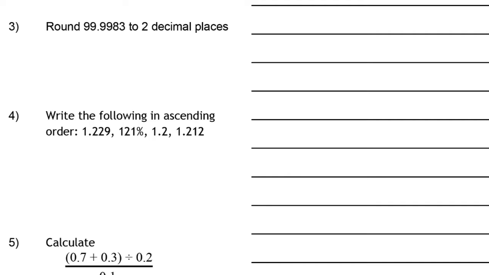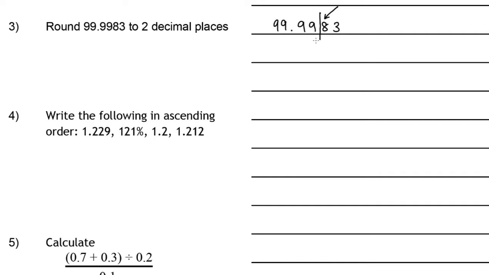For question 3, we have to round 99.9983 to 2 decimal places. The second decimal place is here, so we have to check this value here. Is it 5 or more?